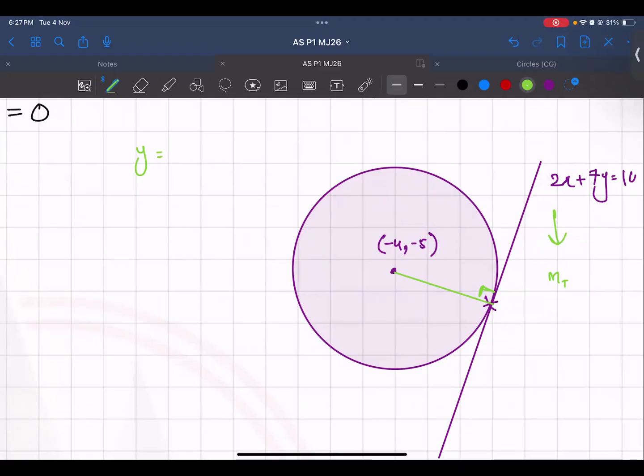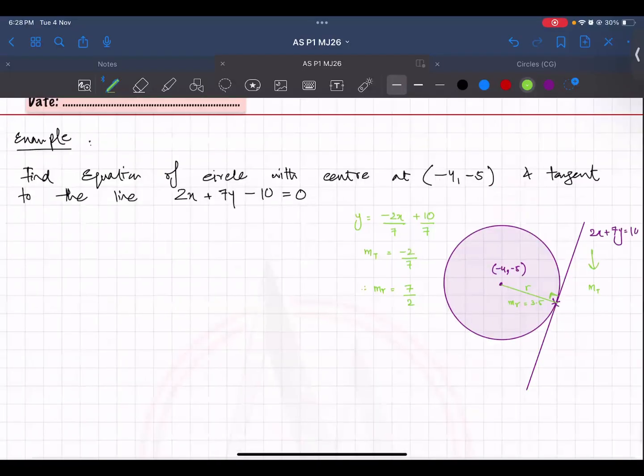So y is equal to minus 2x upon 7 plus 10 upon 7. So the gradient of the tangent is negative 2 upon 7. And therefore the gradient of the radius would be the negative reciprocal, 7 upon 2, 3.5.